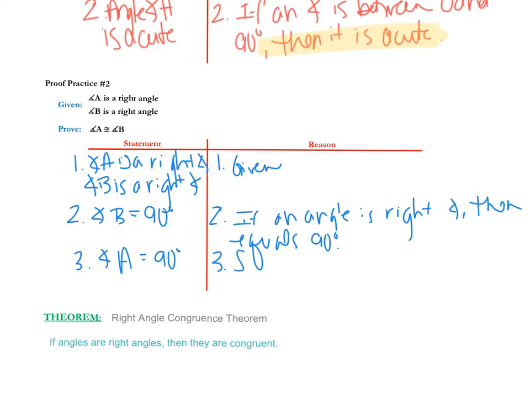And you can just write same as to. You don't have to write that out again since you were using the same logic twice. Where did I get that from? From that definition page. That definition page is going to be like your lifeline. Now that we have stated both angles equal 90 degrees, now we can say they are congruent.